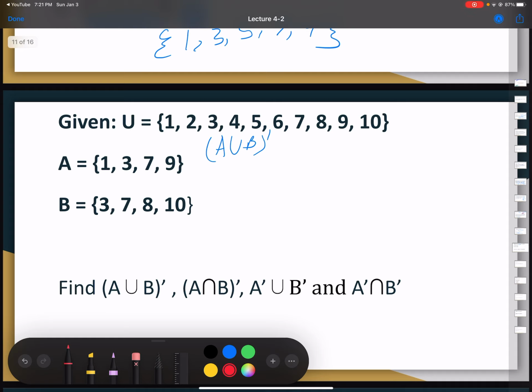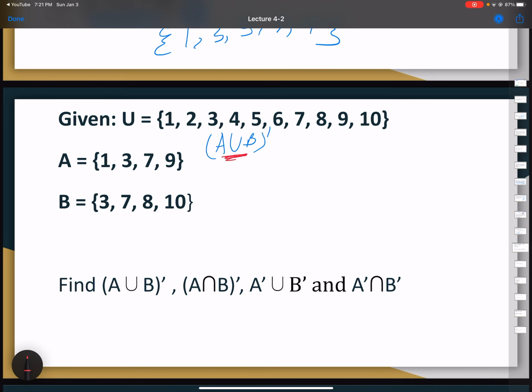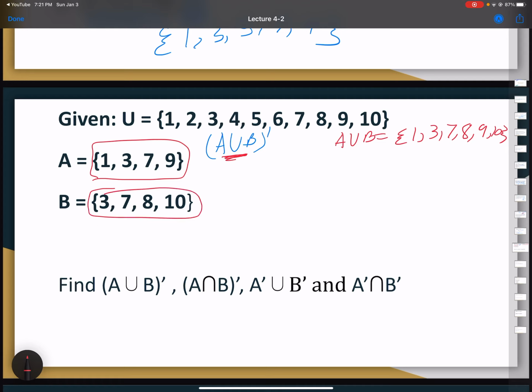So we see that we have A union B in parentheses. So let's do that first. Well, we'll find A union B is equal to 1, 3, 7, 8, 9, 10. A union B is everything in here, sitting next to everything in here.